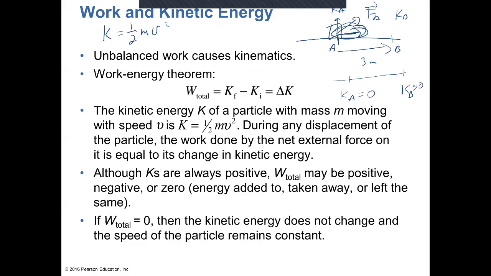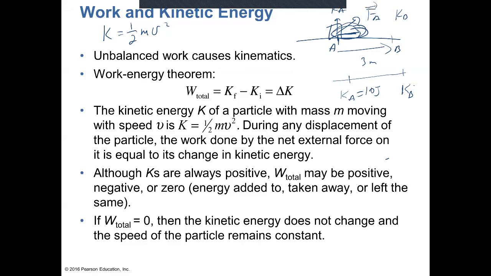But what we are interested in is what happens if you are looking at kinetic energy at A and B, comparing them. Because here's the thing, if I give you kinetic energy at point A, even if it's not zero, for example, let's say this is 10 joules.